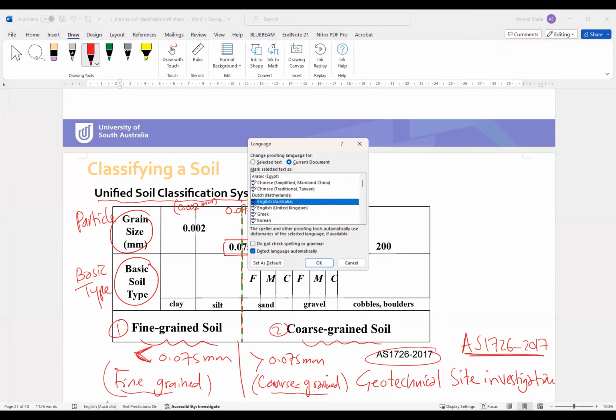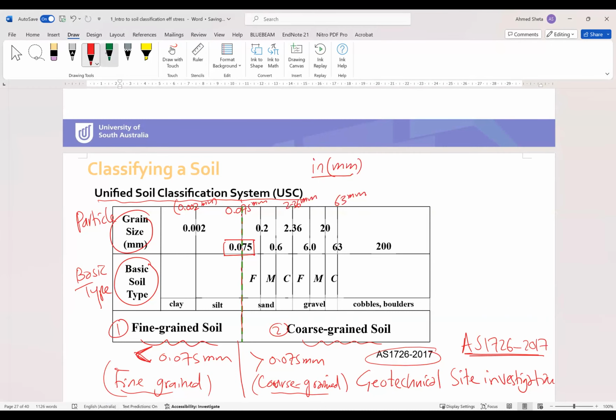And if we look here, under the fine grained, this green part here, we have another borderline between silt and clay. What is the borderline between silt and clay? 0.02 millimeter.